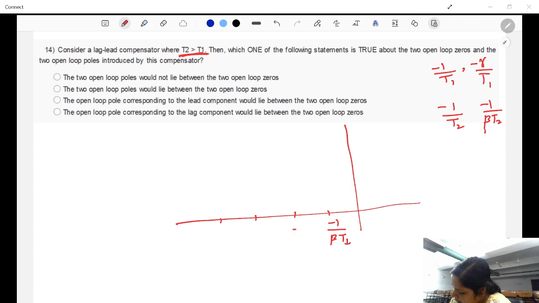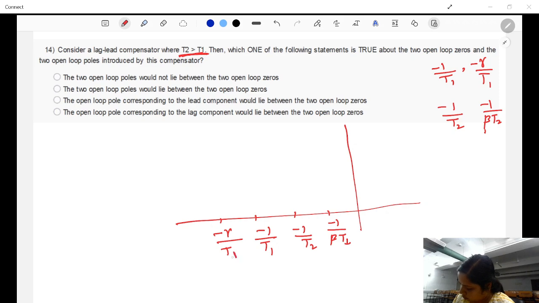The second term would be -1 by T2, because T2 is greater than T1. Since T2 is greater than T1, 1 by T2 is less than 1 by T1, and -1 by T2 is greater than -1 by T1. So here you'll have -1 by T1, and the last one would be -gamma upon T1, because gamma is also greater than 1 and is present in the denominator, so its magnitude is higher, but with the minus sign it is going to be the lowest quantity.